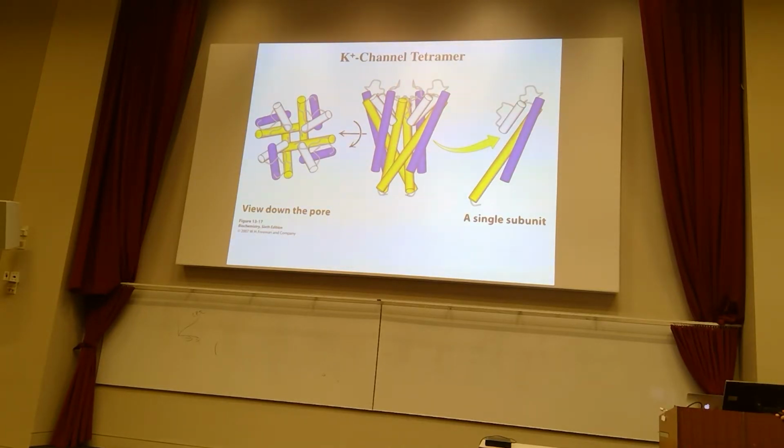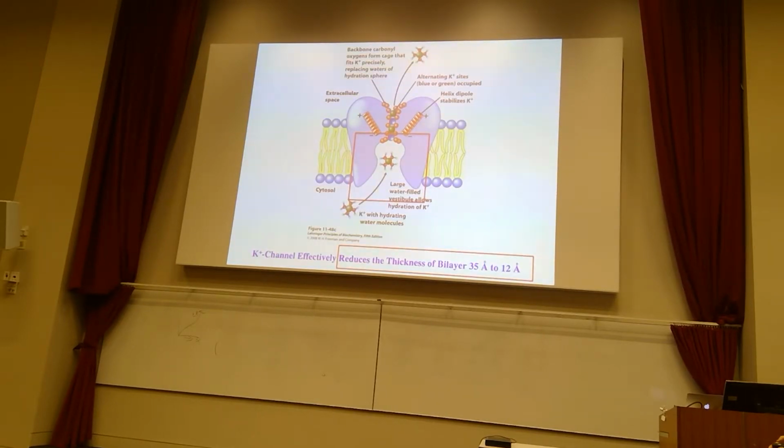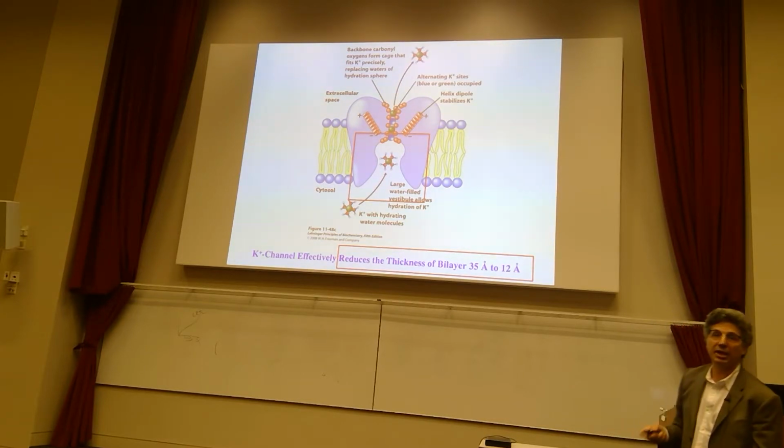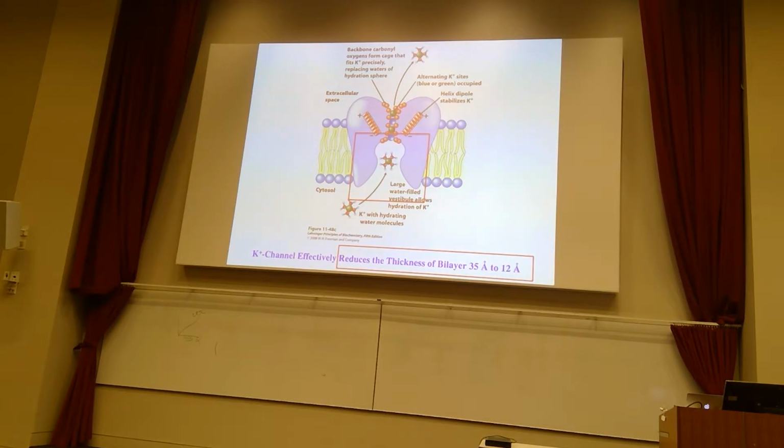Here's the structure of the potassium channel. Again, you can see that as the protein is organized, it's got a pore right in the middle of it. That protein sits within the cell membrane, and here again we need to be concerned with how to get selectivity with regard to the molecules that are flowing through that pore.